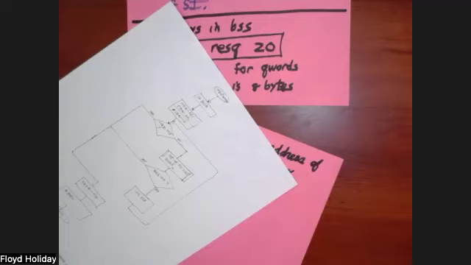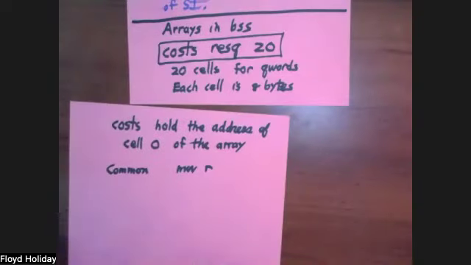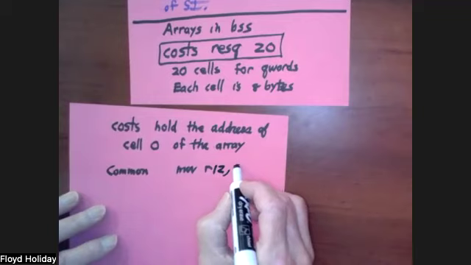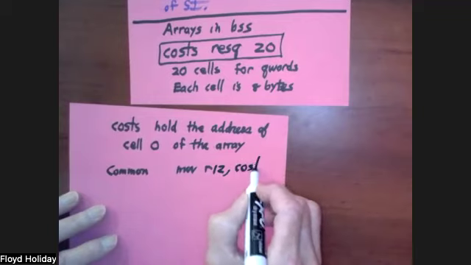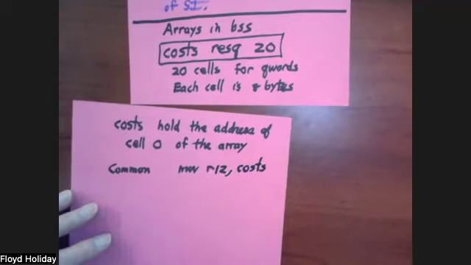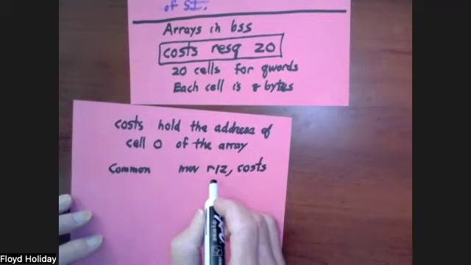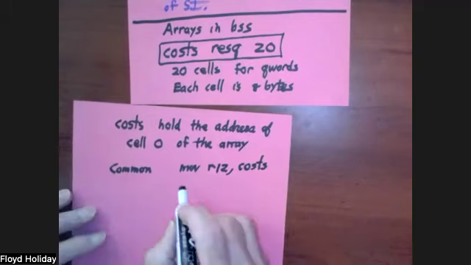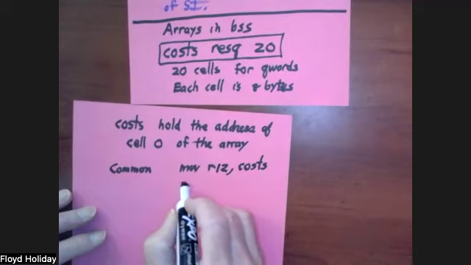Okay, I used R12. So just move R12, comma, cost. So it's moving the 64-bit address of cell 0 into R12. And logically, we can actually say that R12 is the array.